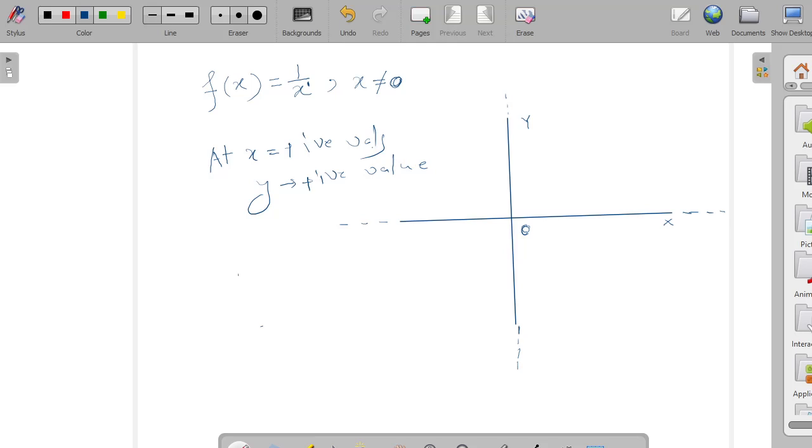Okay, so we could say that x equals 0 is not in the domain of the function, as we have seen before that 0 is not included in the domain of the function. So let me check the neighborhood of 0, at 0 positive and at 0 negative, what is happening, where my function is moving.